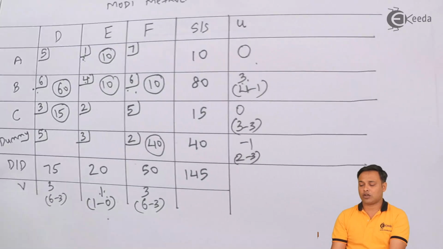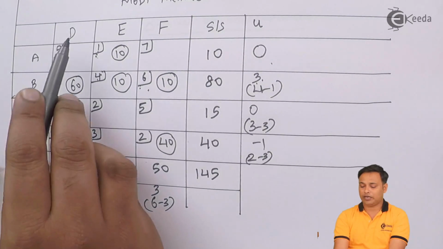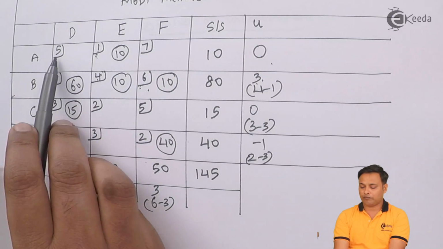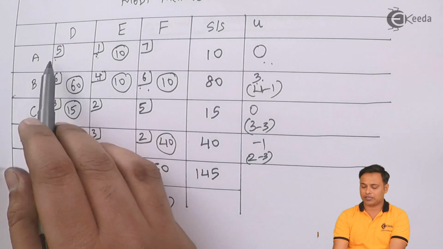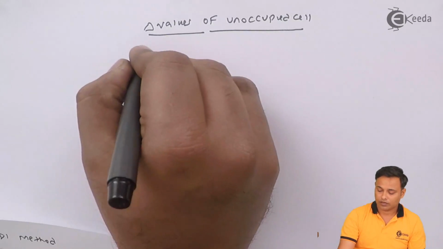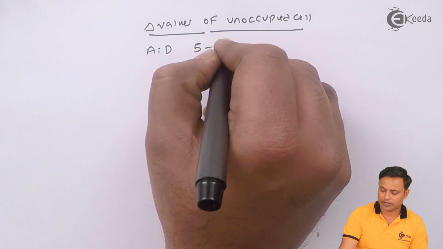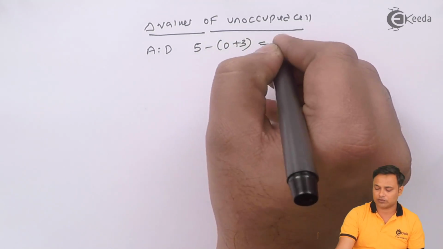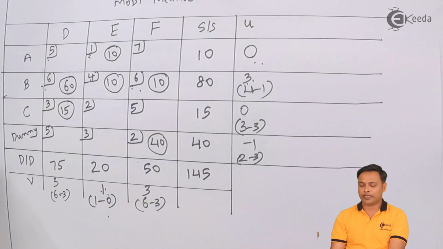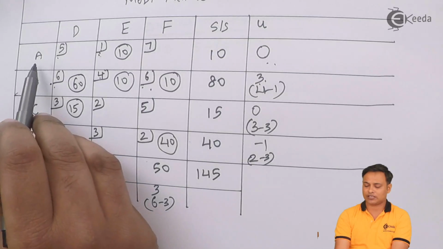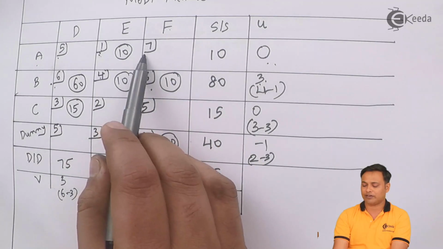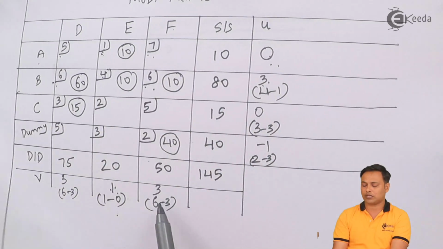So my first unoccupied cell is AD, cost is 5 minus 0 plus 3, which comes to 2. My next unoccupied cell is AF, cost is 7 minus 0 plus 3.